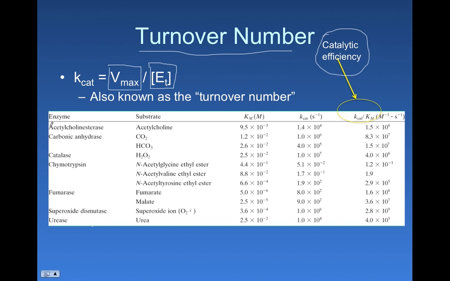And so this enzyme, acetylcholine esterase, destroys acetylcholine, and it does it really well. And you can imagine that enzymes involved in neural transmission probably have to work really fast and be very efficient, because that biological process is a really fast process.